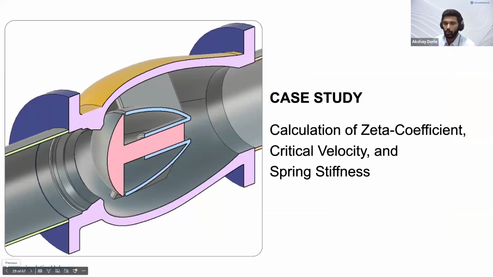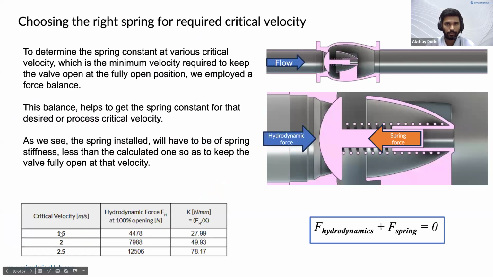As we spoke a few slides back regarding critical velocity and discussing zeta coefficient and spring stiffness, we actually did a small case study in which we were able to predict the spring stiffness and the zeta coefficient. So we'll just jump right into the case study.